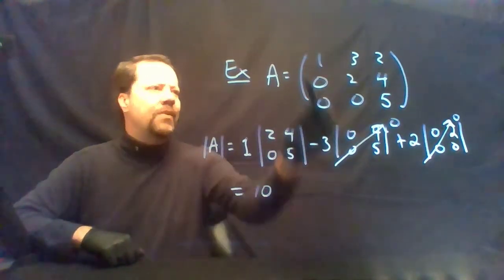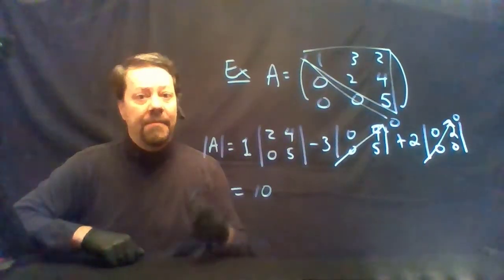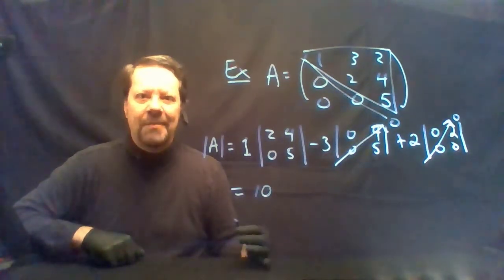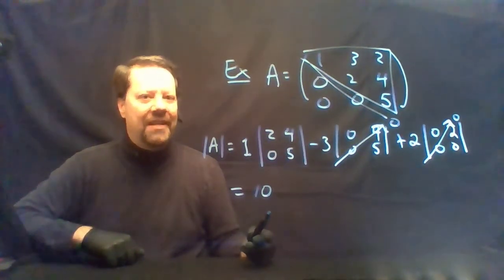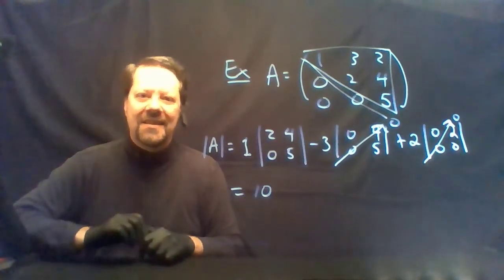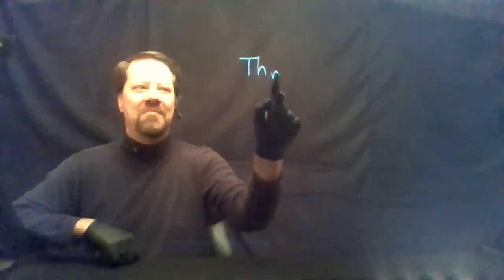Is that always going to be true for an upper triangular matrix and a lower triangular matrix, and for that matter, a diagonal matrix? For any of these, do you always get just the product of the diagonal elements? The answer is yes. We'll state that as a theorem.